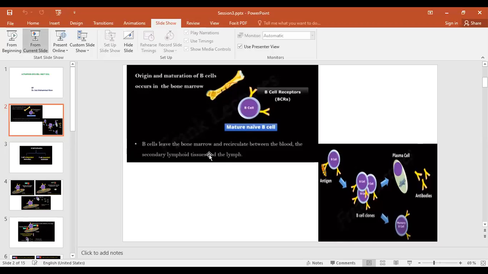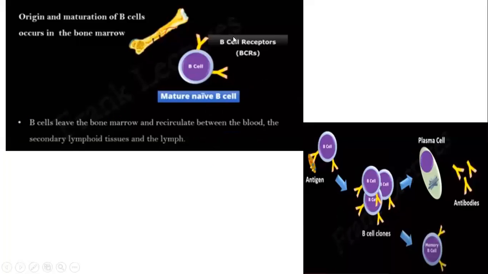Now we are going to the activation of B cells. The B cells originate from the bone marrow, and the B cell has some specific receptors. This is the naive B cell, the inactivated B cell.